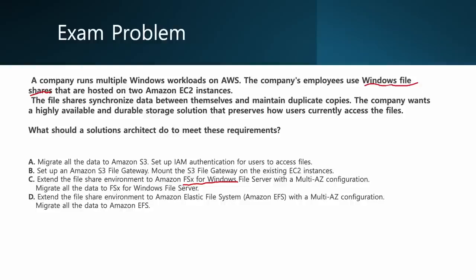The company has asked for a solution that increases availability and continuity, so including multiple AZ configuration would be a solution to that. So the correct answer would be C. If you find related services first, you can find the answer more quickly.